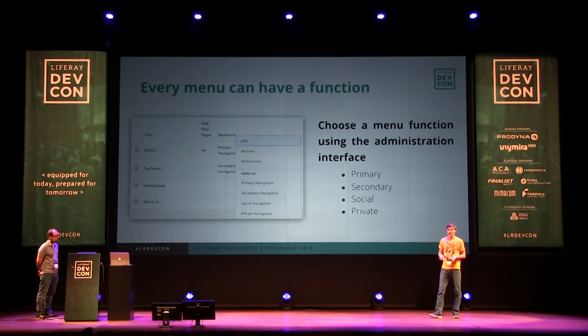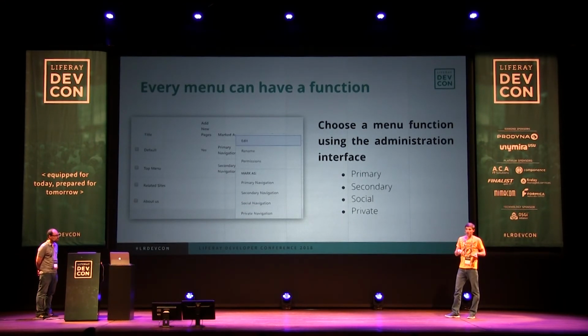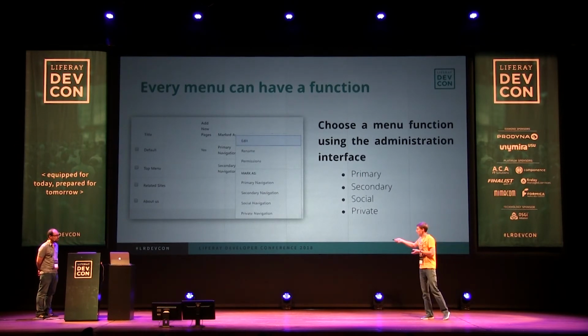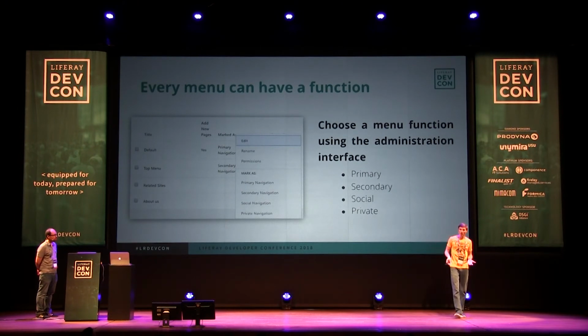For example, you have a site with many pages, and in the footer of every page, you have a navigation menu widget. So you configure this widget to show social navigation, for example. And since this moment, you don't care which menu plays its role right now. You can easily change the social navigation function from one menu to another, and it's not necessary to go page by page reconfiguring your navigation menu widget.